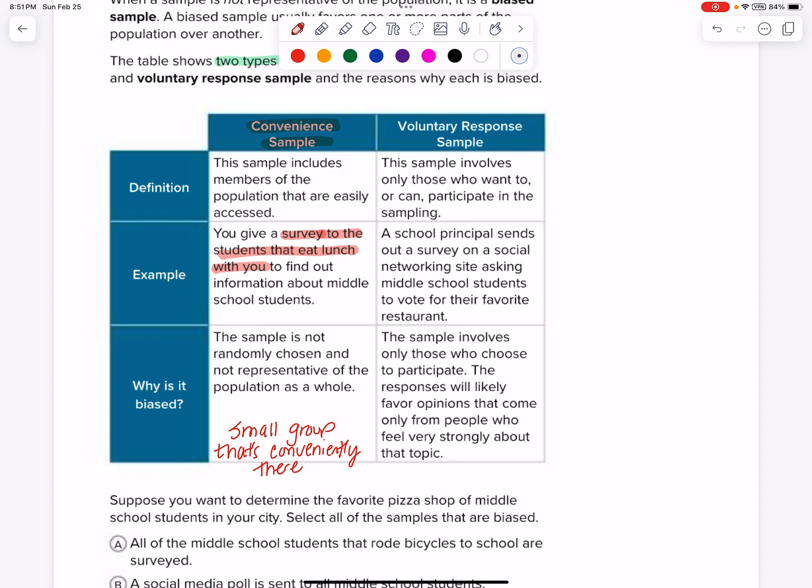The last one is a voluntary sample, and so this happens a lot. It only involves the people who want to participate in it. And so because you're only including this group of people who want to, it's not really fair. You need to include random people, not only people who want to. So this would be like we send out a survey on Schoology and we only look at the data of people who replied in Schoology.